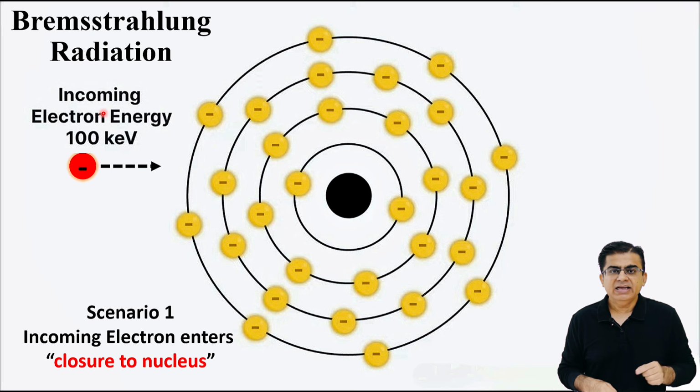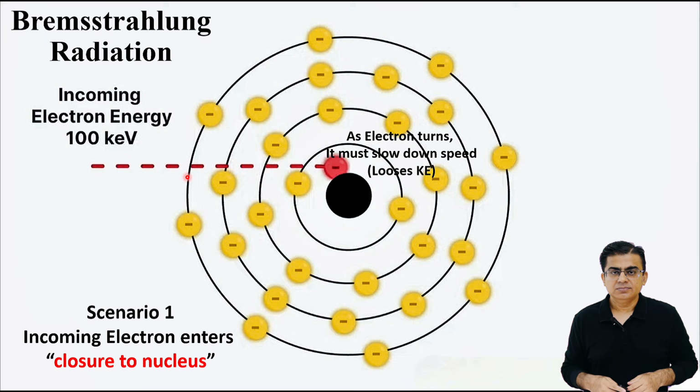You can see an incoming electron arriving from the cathode with an initial kinetic energy of, suppose, 100 keV. Watch its path very carefully as it penetrates the outer orbits of the target atom. In this first scenario, the electron travels extremely close to the heavy central nucleus.